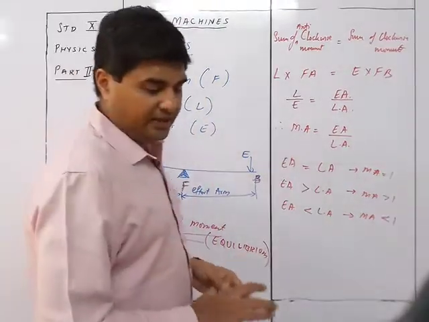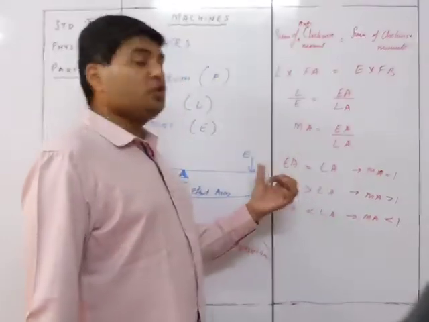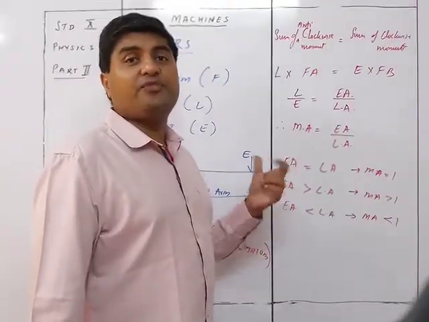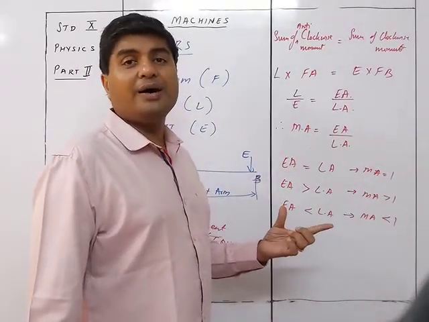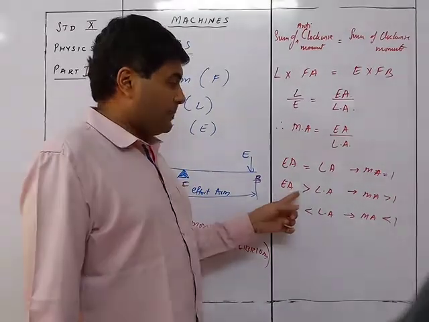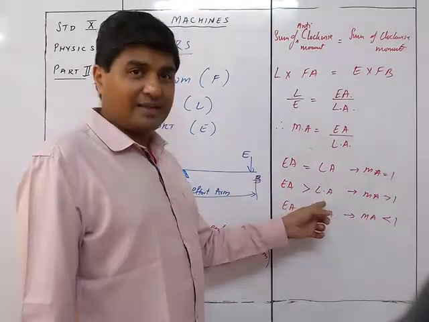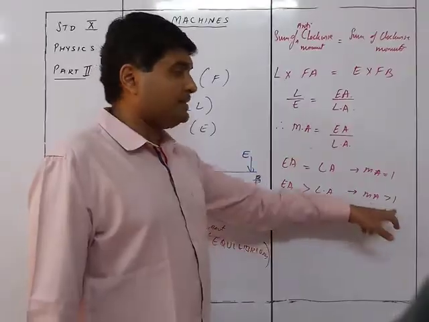So by this you can also identify whether it's a force multiplier or a speed gainer. If the effort arm is greater than the load arm, then automatically MA is greater than 1.